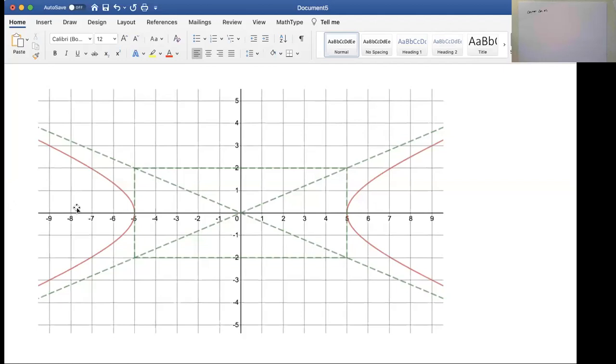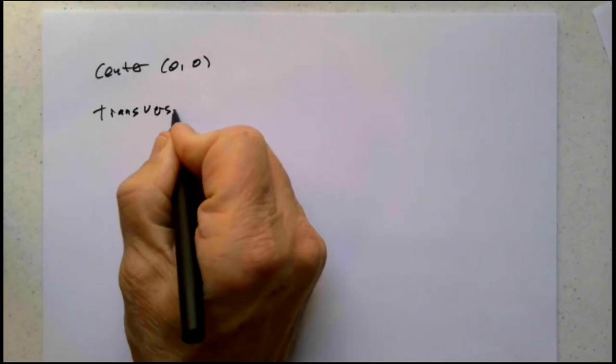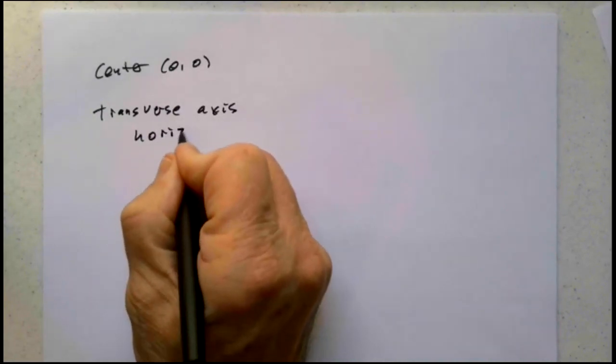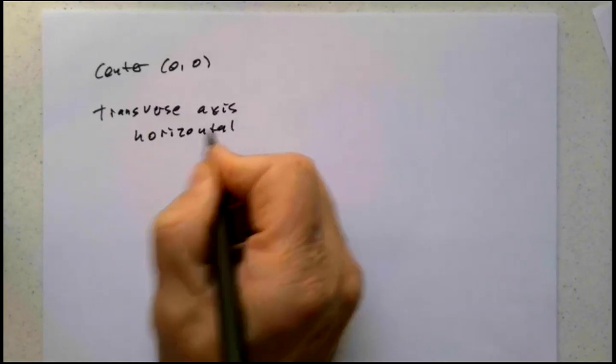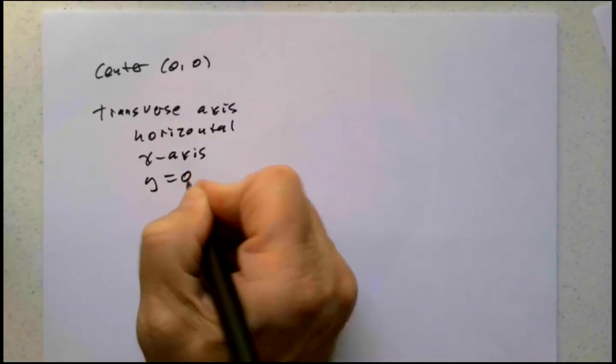Transverse axis is horizontal. So it is the x-axis or the line y equals 0. A lot of ways to describe that.